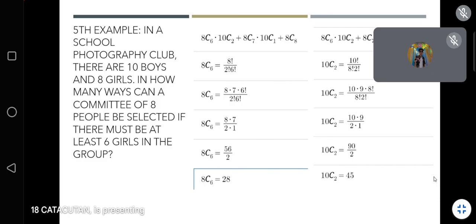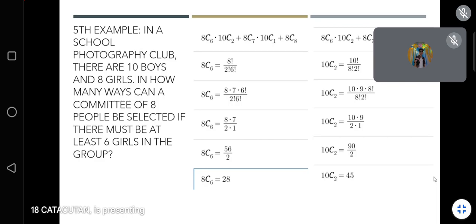So when you select 8 girls for the committee, this means not choosing a boy to be included in the group, that is 8C8 times 10C0, or simply 1. Since the situation involves selecting 6, 7, and 8 girls for the committee, and since these events are mutually exclusive, add these possibilities. Note that the word and means to multiply, and the word or means to add.